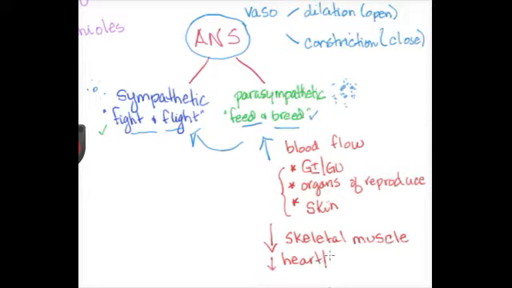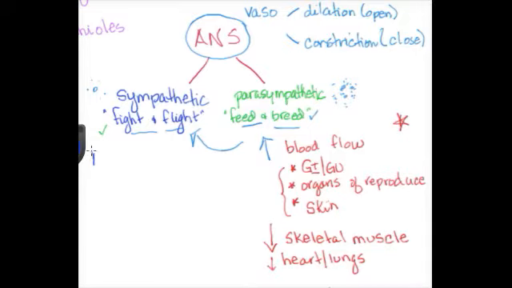Because again, the body's efficient enough that it can make do with a lesser supply in these organs and sustain you just fine in these low metabolic, low energy kinds of activities. All right, so you're going to get an increased blood flow to your GI, GU, reproductive system, skin, and a decreased blood supply to the skeletal muscle, heart, and lungs when you're in the parasympathetic side.